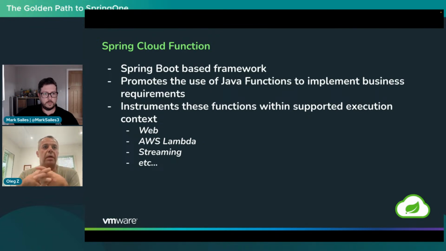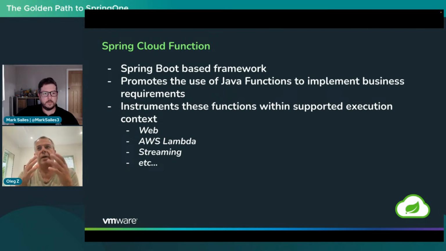Spring Cloud Function promotes the development of business requirements by asking you to write Java functions, while the framework itself will instrument those functions and make them execute without any code change within the various different execution contexts.